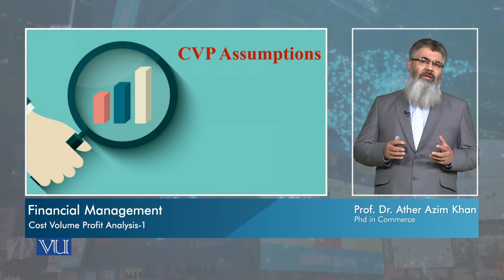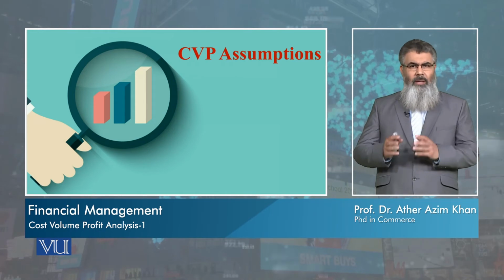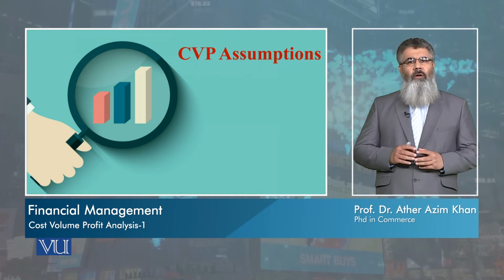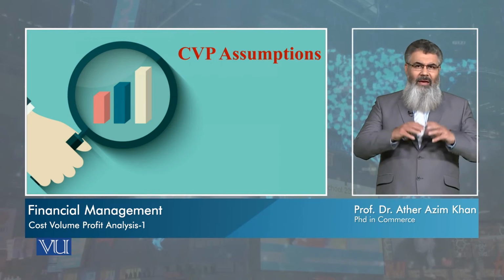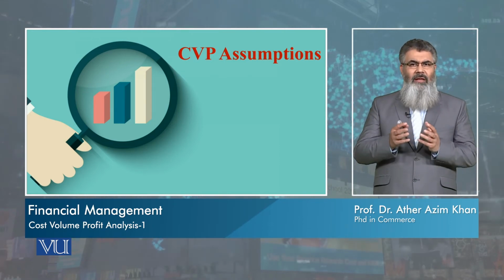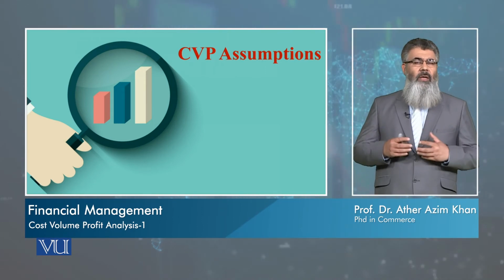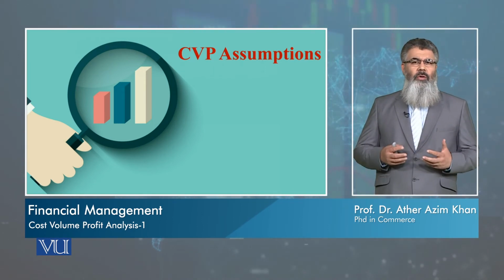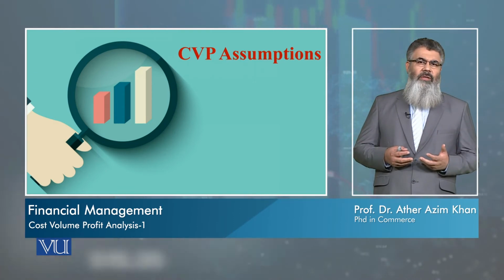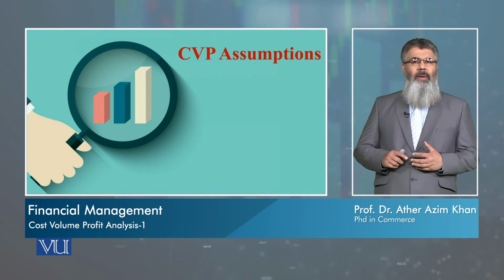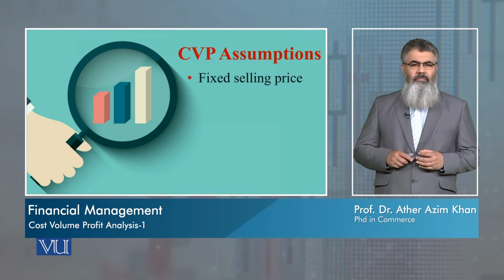So with the change in volume, what we need to remember is that one portion of the cost changes, but the other part does not change. And then we'll have to see the combined effect of the two, that is fixed and variable cost. But certainly if we are producing more units and we are selling all those units, the revenue will also increase, and we'll have to see the impact of this on the profit.